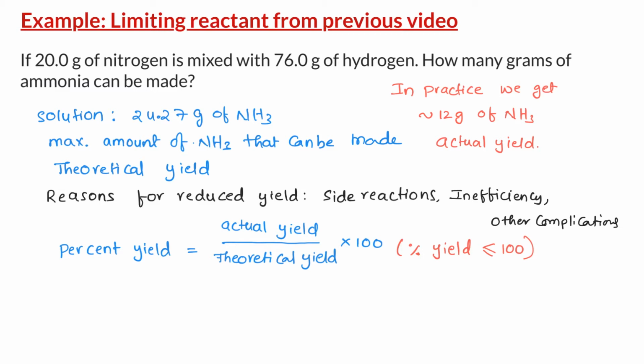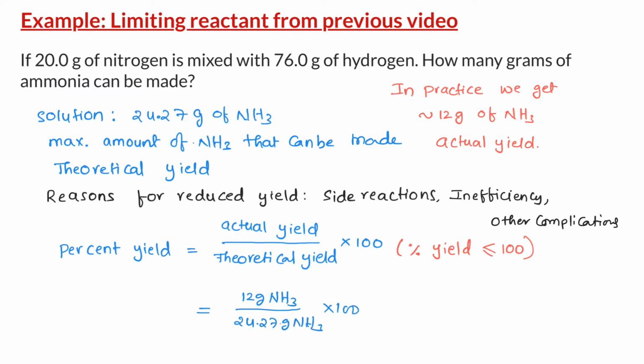If we calculate the exact percent yield for the above reaction, we get percent yield is equal to the actual yield, which is the amount that we got in the lab, that is 12 grams of ammonia, divided by the theoretical yield, which is the amount of product that we calculated based on stoichiometry, which is 24.27 grams of ammonia, times 100.